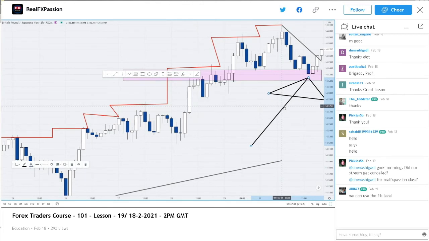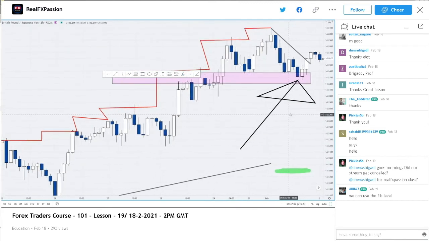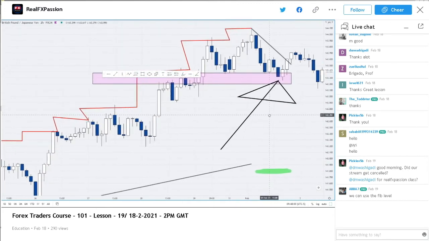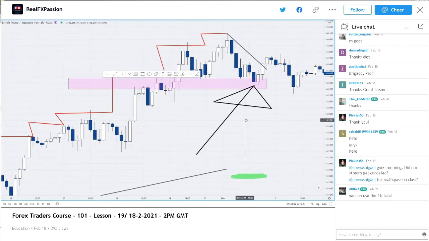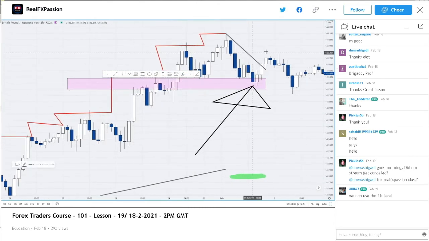The other entry, the pullback. Okay. So stop loss down in here with the trend line, not to make it difficult, falling down, and another entry.